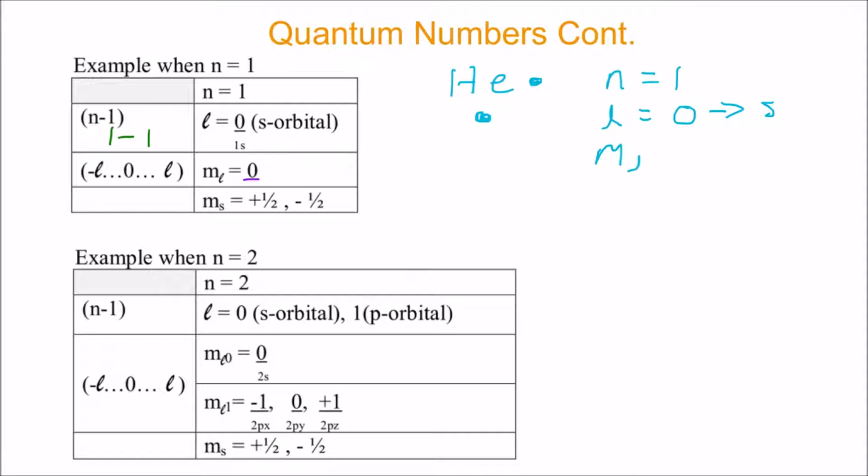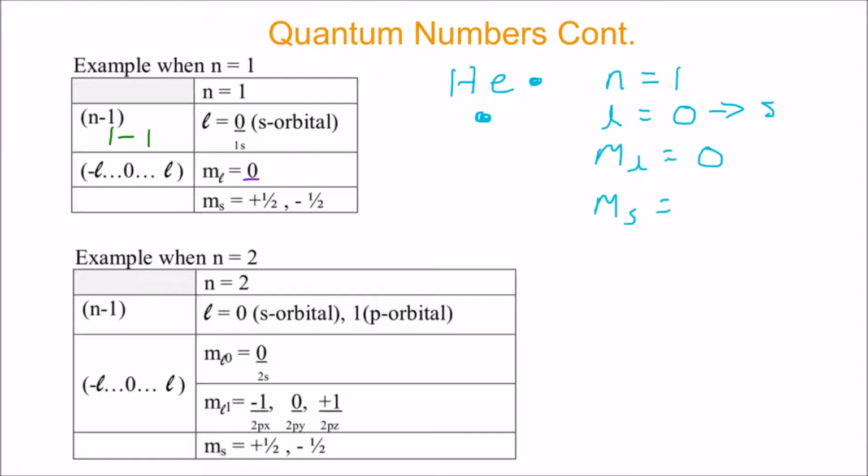The m sub L is 0 as well, and the m sub s is going to be... here's the difference. The first electron had a positive 1/2. The second electron has to have a different set of quantum numbers.